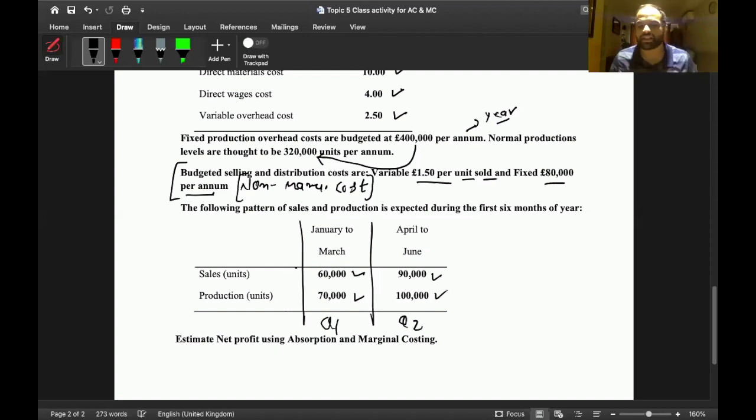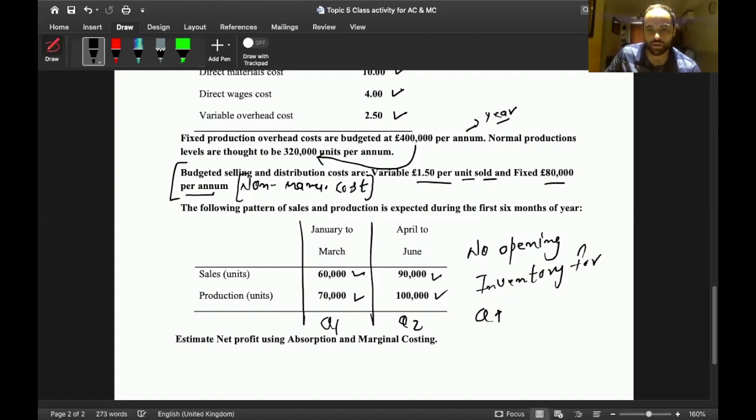So we assume there is no opening inventory for first quarter, for quarter 1, right? No opening, same as the other 2 questions.